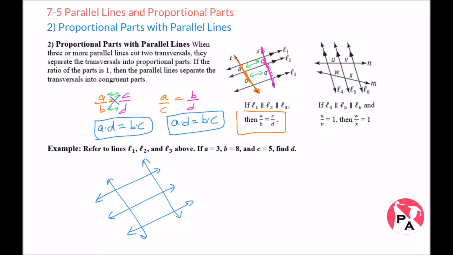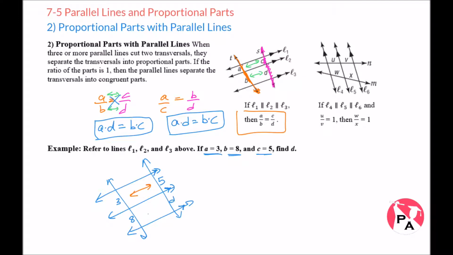So we know that line 1, 2, and 3 are parallel. It says A is equal to 3. Wherever I see A, I'm going to put 3. Right here is 3. B is 8. B was right here. C is 5. And D is missing.